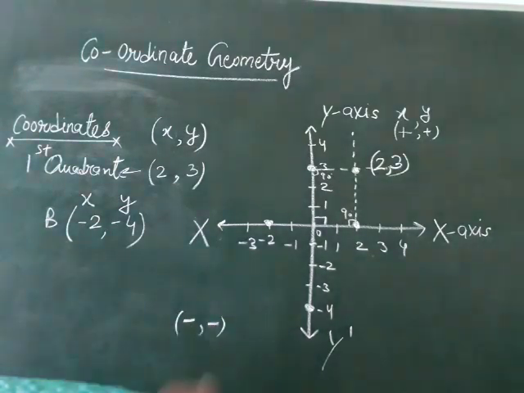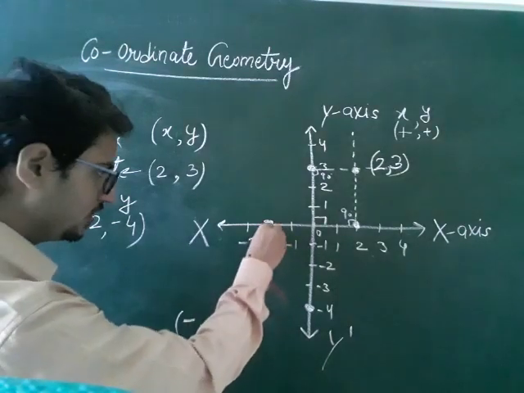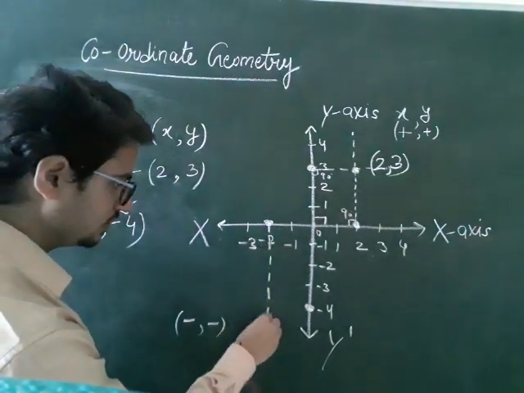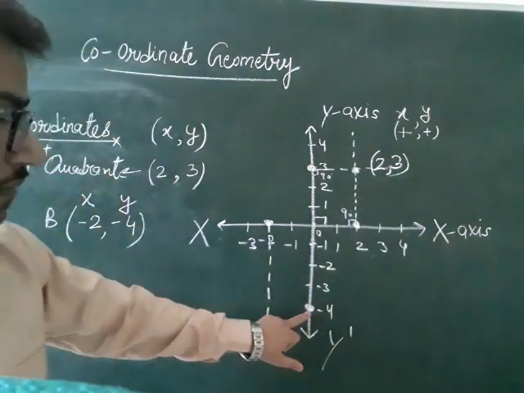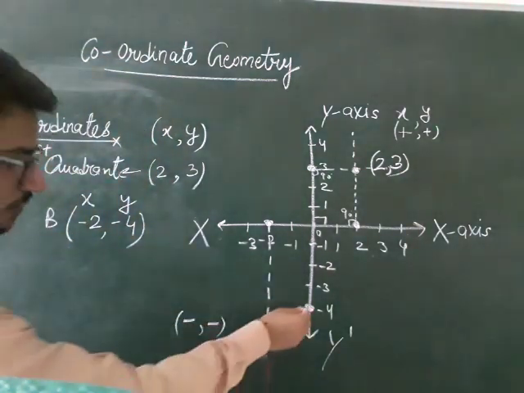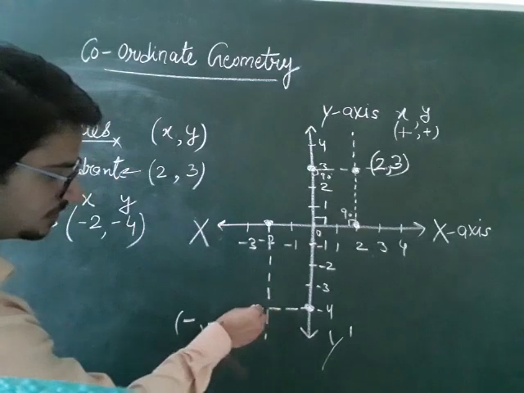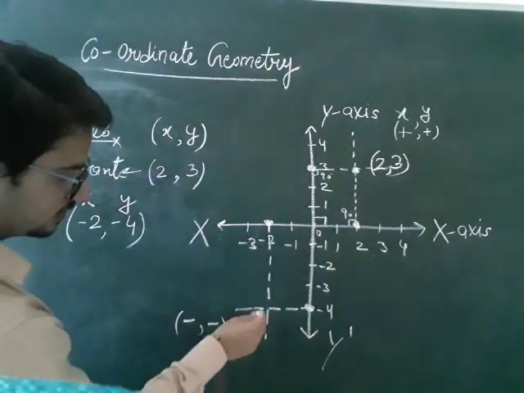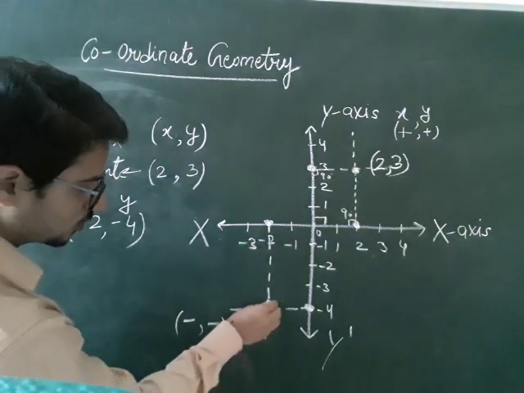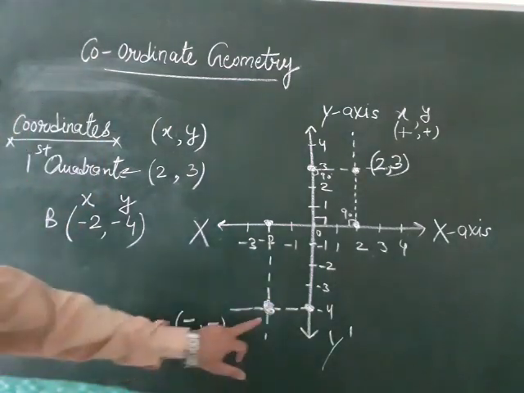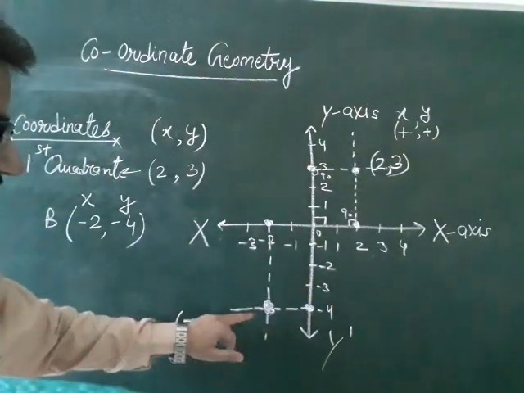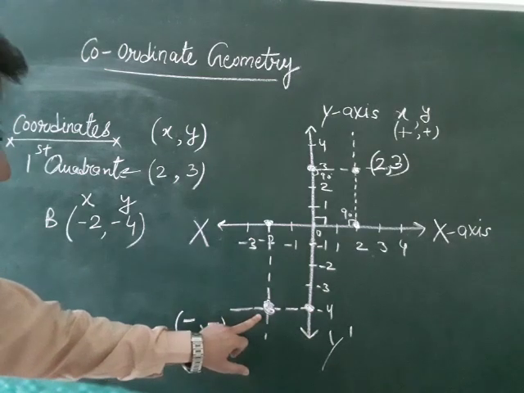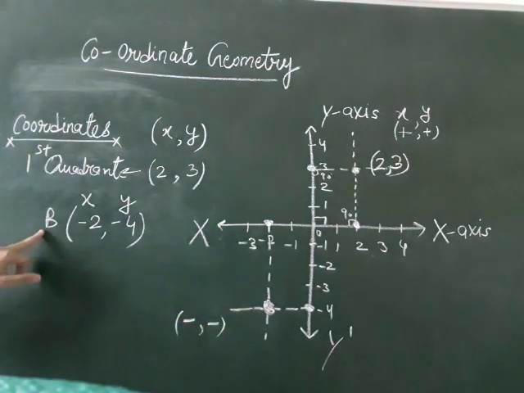So from -2 we will draw a perpendicular line which will be parallel to the y-axis, and from -4 we will draw a perpendicular line which will be parallel to the x-axis. Here we can observe they are intersecting each other. At this point these perpendicular lines are intersecting each other, therefore this will be the required point.